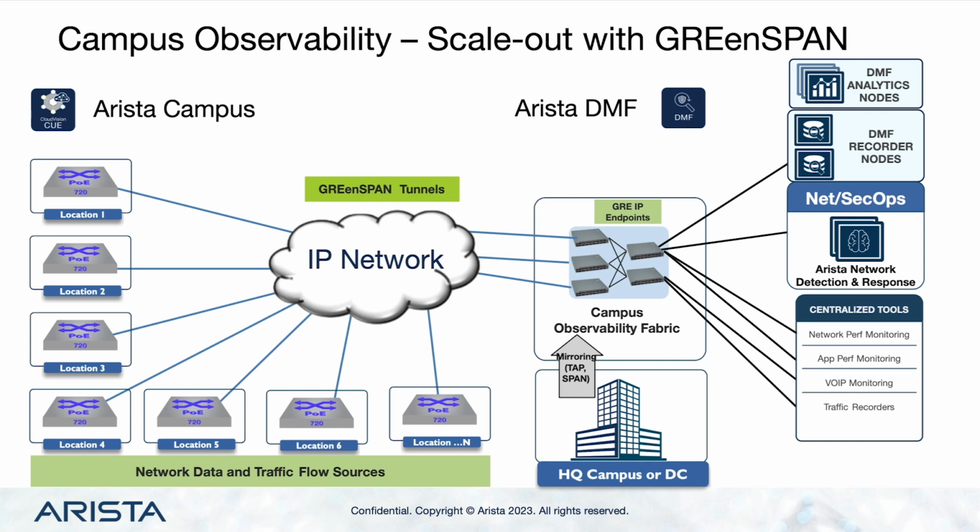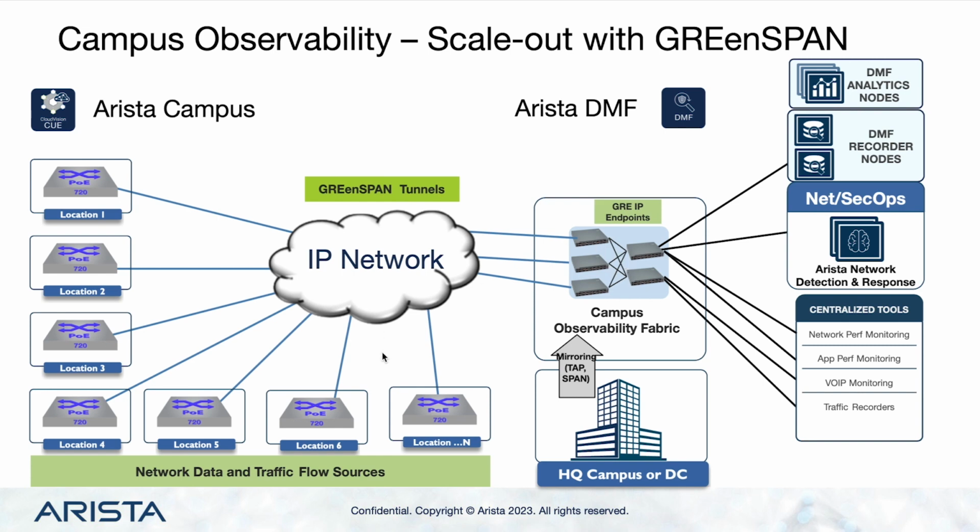They want that visibility into the campus. These can be IDFs in your campus network where I will do the same concept that I just talked about at the remote site without a DMF switch. I'll set up a monitor session with the destination of a GRE span tunnel, and that tunnel has an endpoint IP address of the DMF fabric.